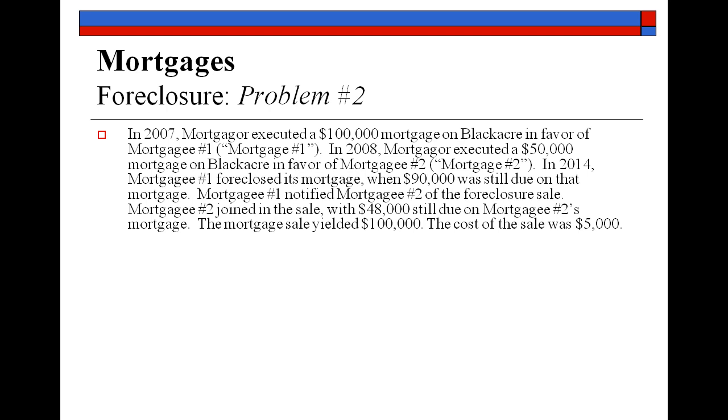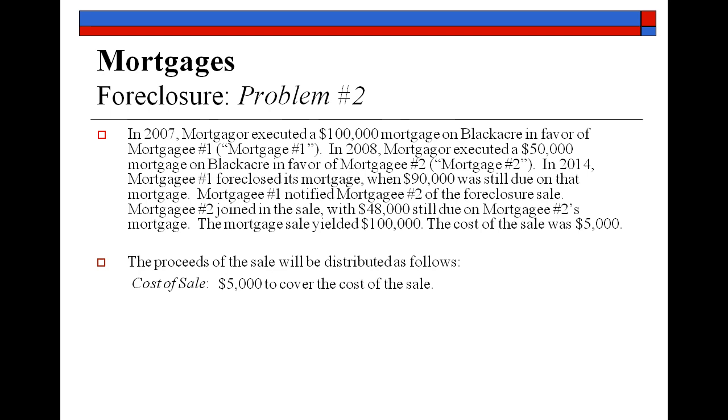So how do we distribute the proceeds of sale? Once again, we begin with the cost of sale, and in this case the cost of sale is $5,000. Next, we move to mortgagee number one, who has a debt of $90,000 still due to him. We have sufficient proceeds left to distribute the full $90,000 to mortgagee number one, and so that mortgage will be satisfied.